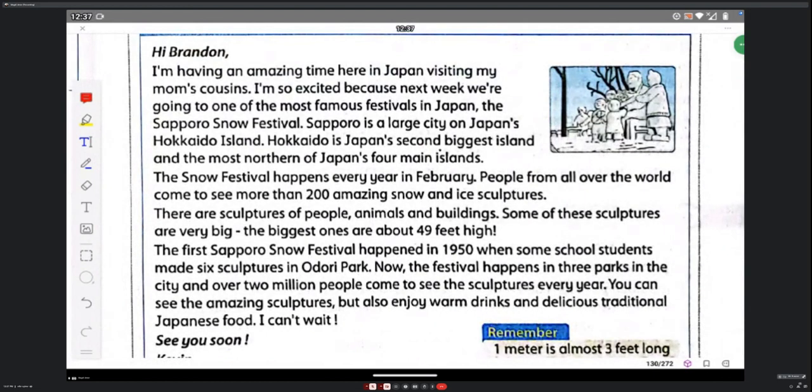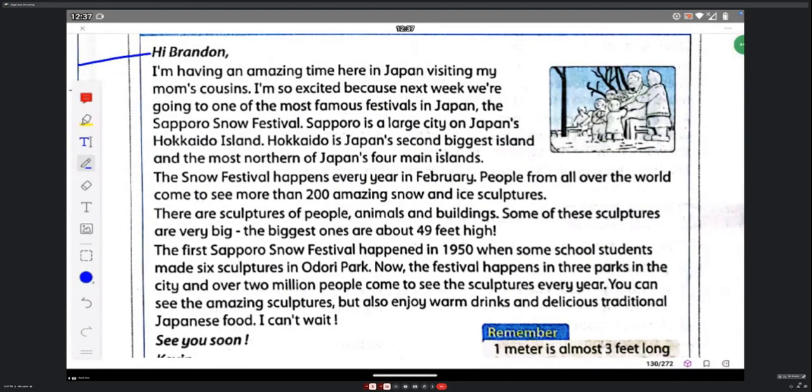Hi Brandon. Hi brother, I'm having an amazing time here in Japan, visiting my mom's cousins. I'm so excited because next week we're going to one of the most famous festivals in Japan, the Sapporo Snow Festival.